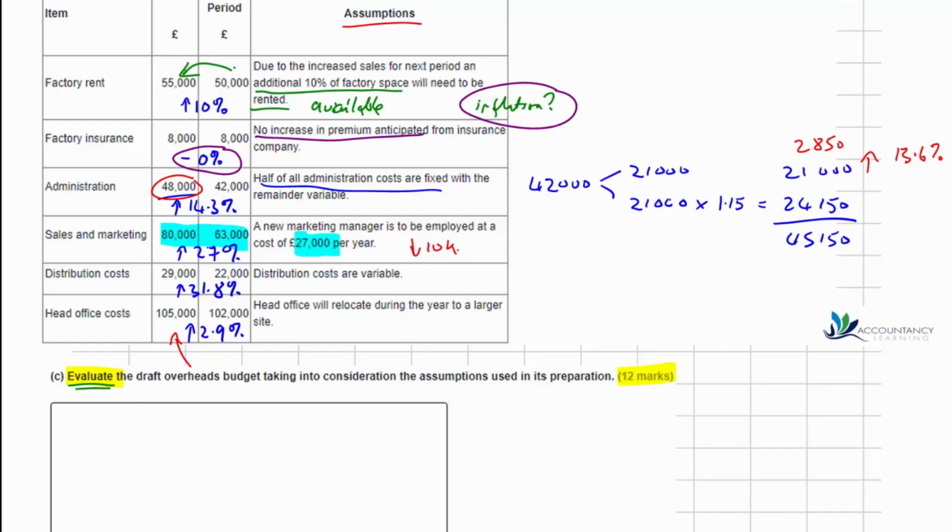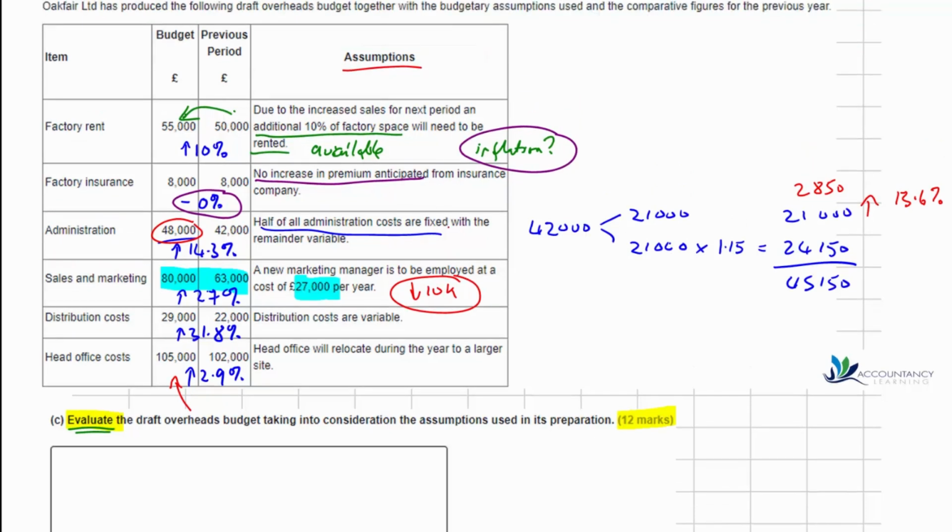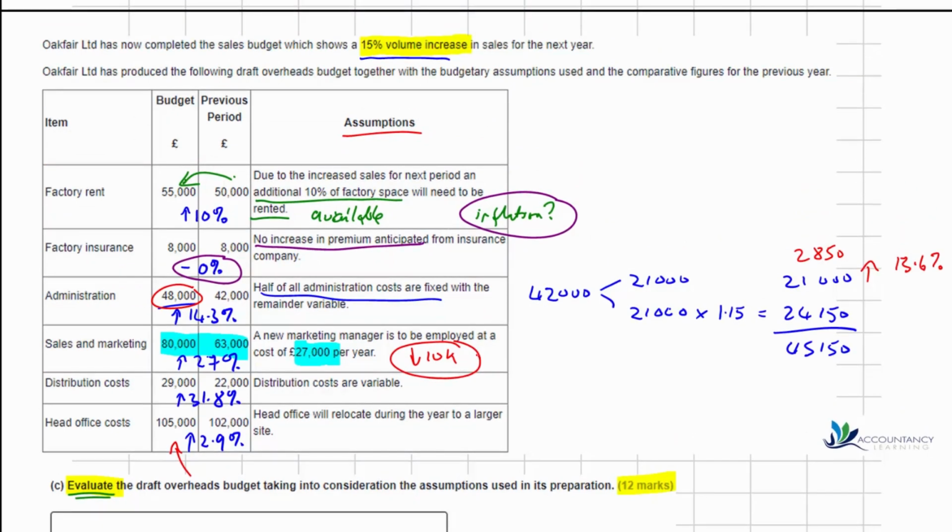So while the 27,000 for the marketing manager may seem reasonable, again they may have entered into some contract with somebody already, or that may be the going rate for that. But what we do need to think about is, well, if they're going to spend £10,000 less on marketing, how does that link with the 15% increase in their sales?